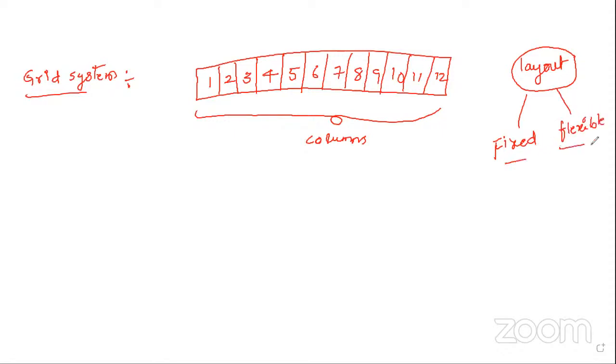Even for layouts, Bootstrap has a predefined class, dot container, for fixed layout, and dot container-fluid, which is also a predefined class for fluid layout.